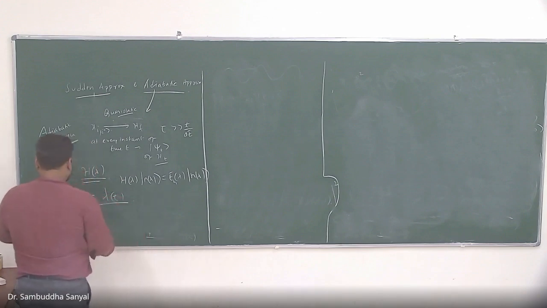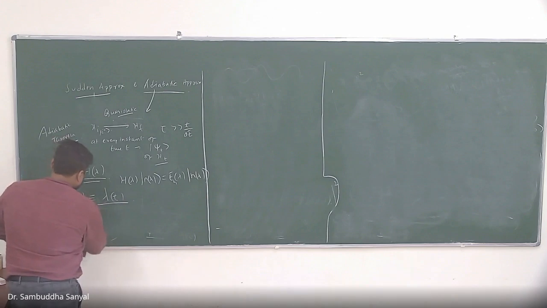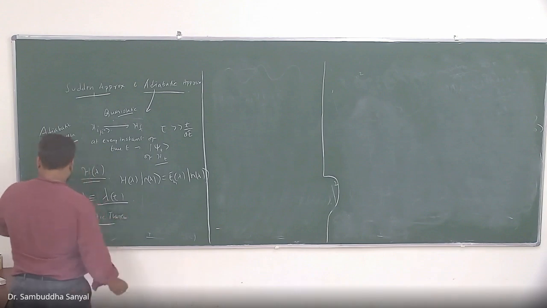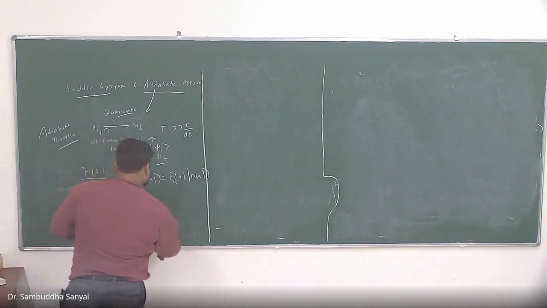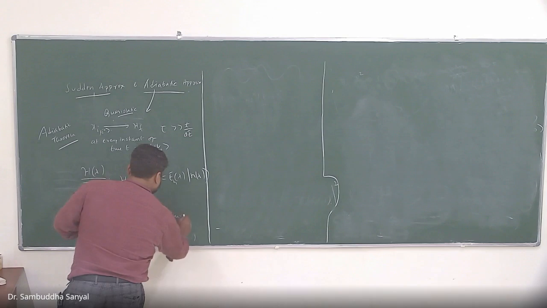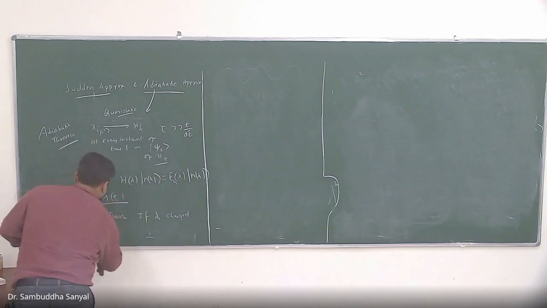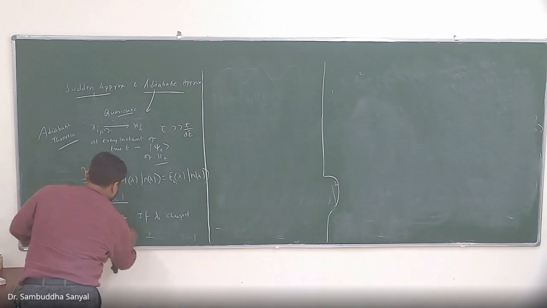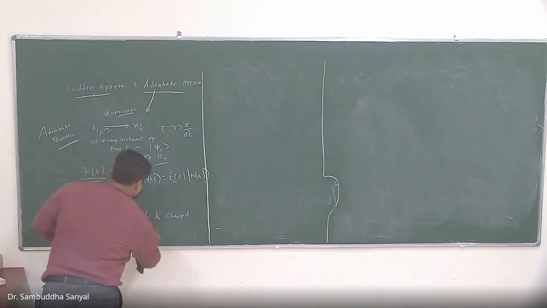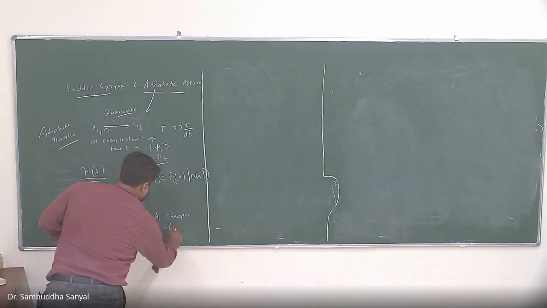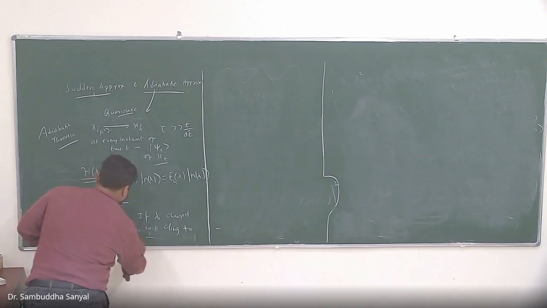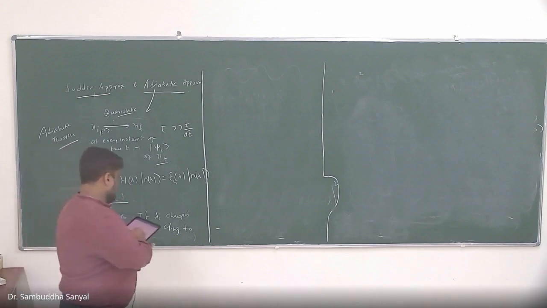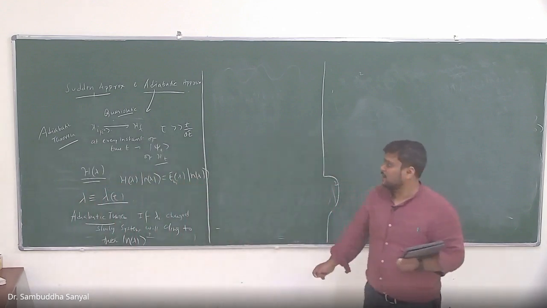The adiabatic theorem tells you that if lambda, let's say there are many parameters, is changed slowly, the system will cling to the |n(lambda)>. Okay, so let's see how it is true.